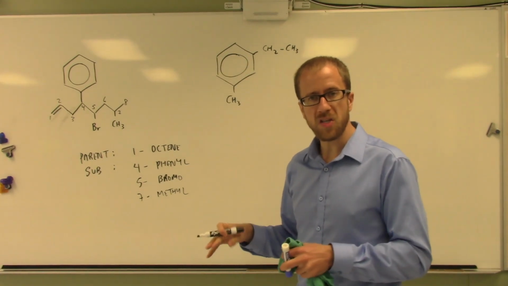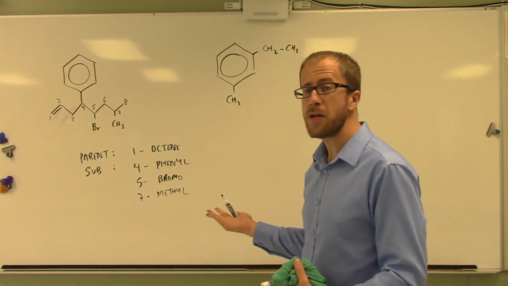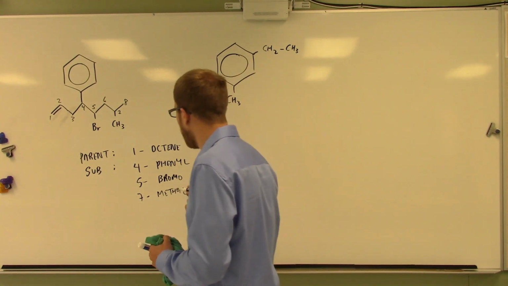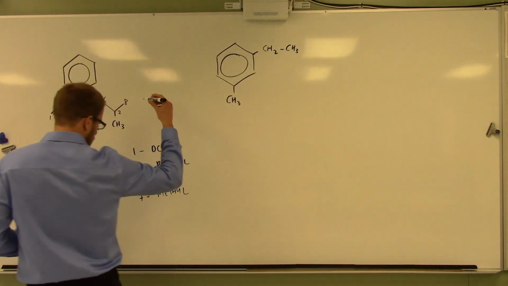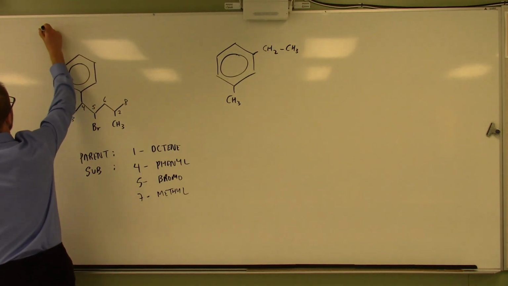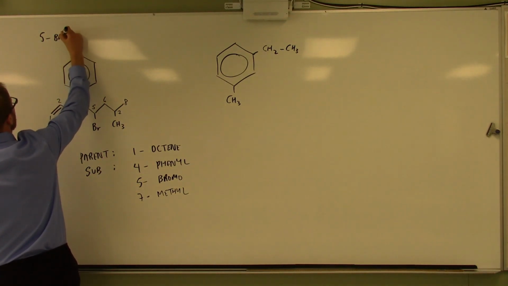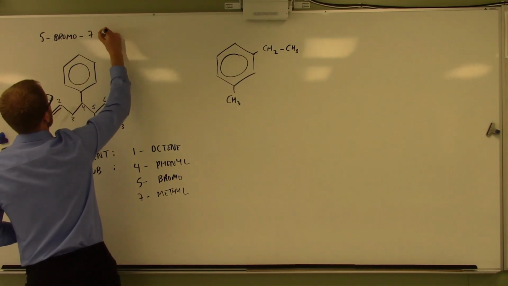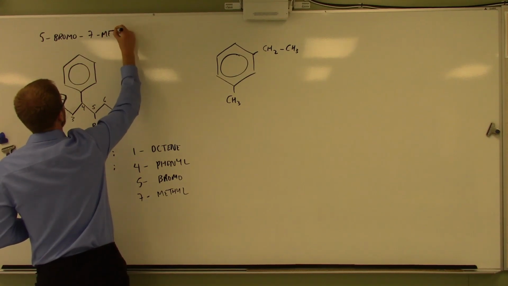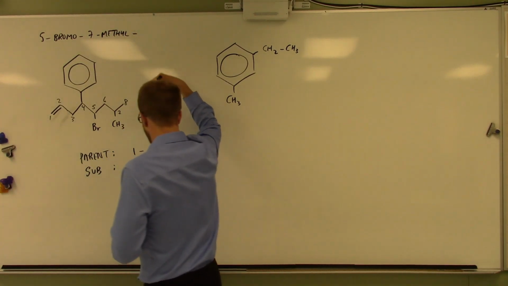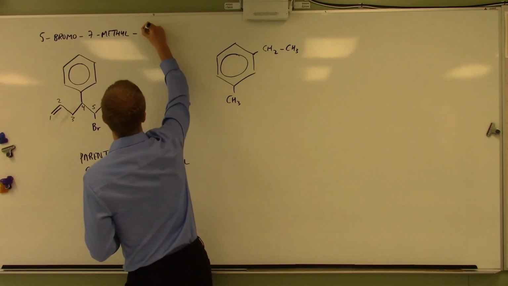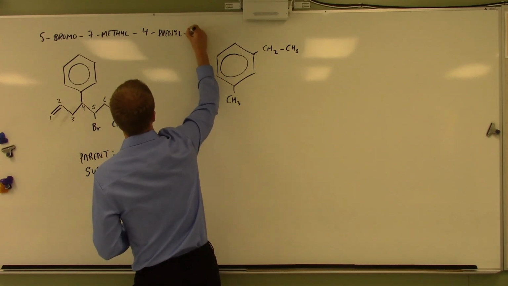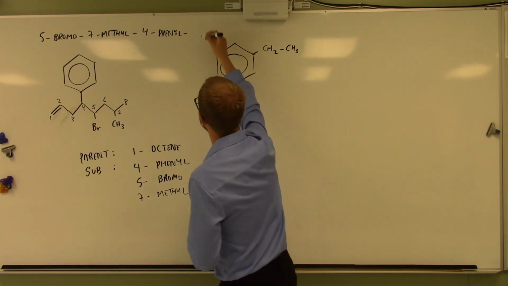So when I combine this all together, keep in mind our substituent groups do need to be listed in alphabetical order. I come up with a compound name of 5-bromo, 7-methyl, 4-phenyl, 1-octene.